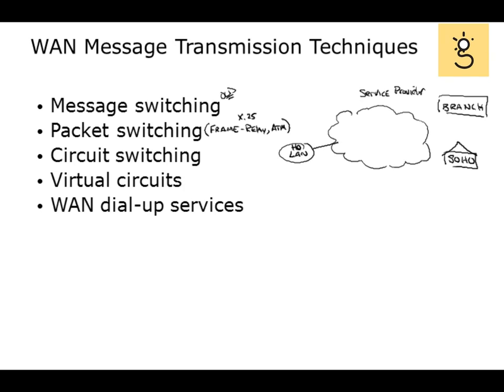And so I would enter their cloud, and then they would make a permanent virtual circuit to some other switch at the other side of the cloud so I could get to that branch office. And they'd make another one so I could get to that Soho. And that's what we did at packet switching. We had permanent virtual circuits.